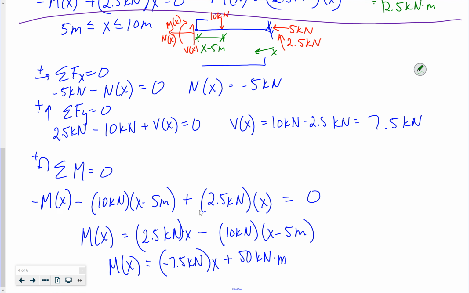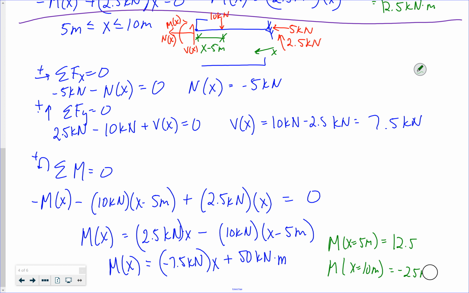Let's make sure down here it does too. Moment at x equals 5 meters is negative 7.5 times 5 plus 50. And my moment at x equals 10 meters is negative 25.